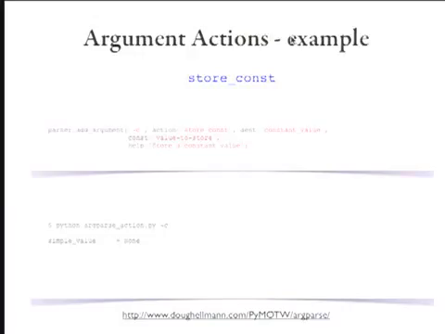If I just gave it the flag -c, the constant value to store is hard-coded as the constant that we want to store to this destination. So as we go to the next line, constant value, you see the value has been assigned value to store.